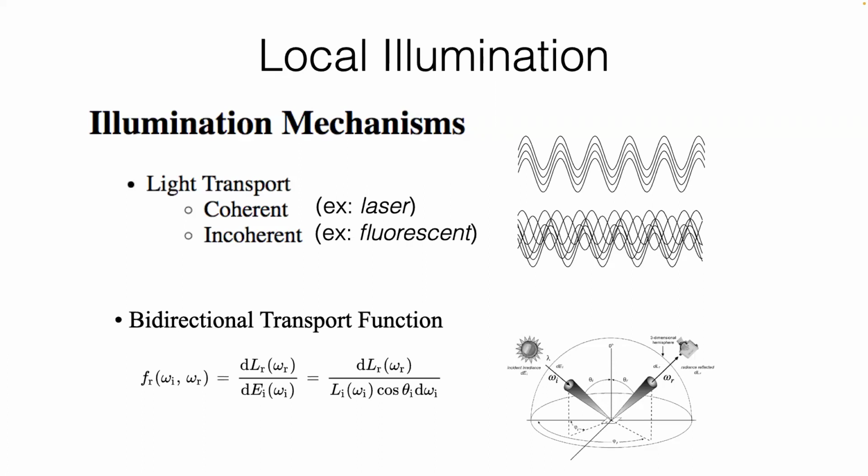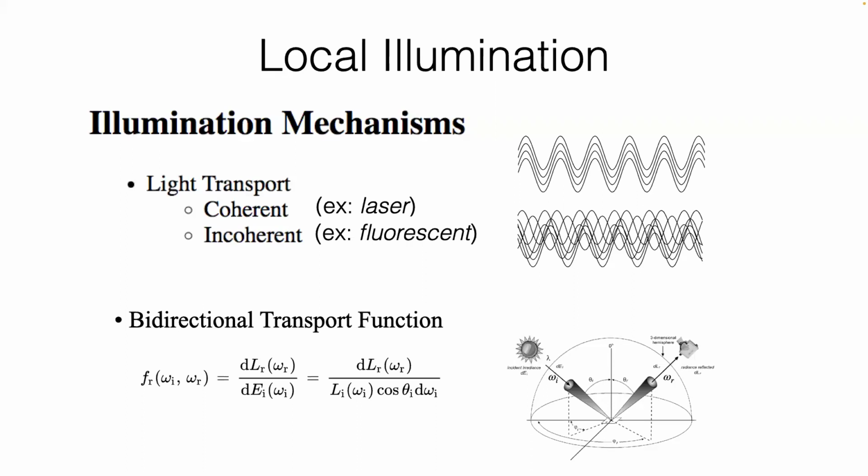What we need to consider is the light rays that are coming, in the wave model of light. In that sense, the light rays transport radiant energy, but there are different types of rays: coherent and incoherent.